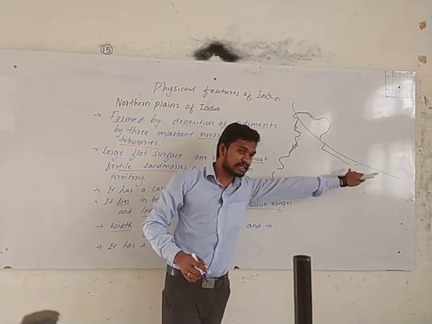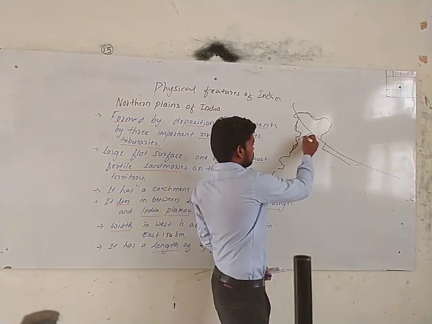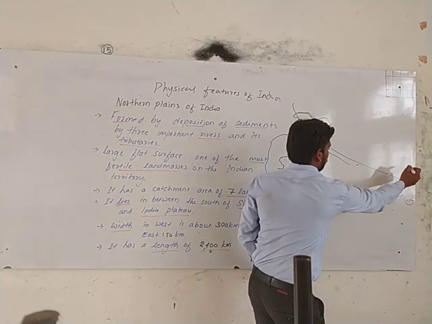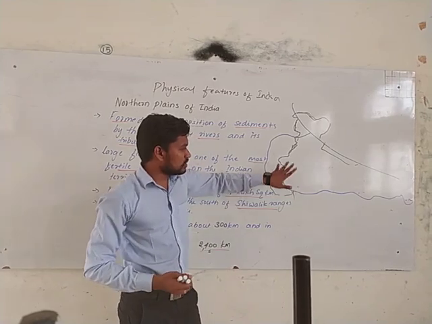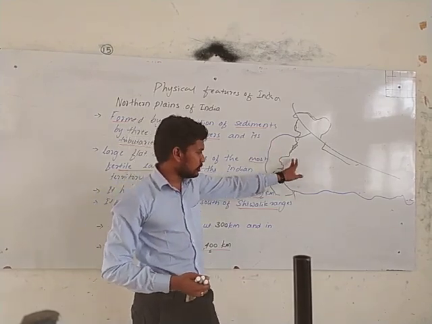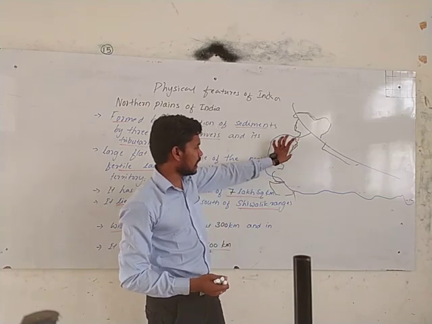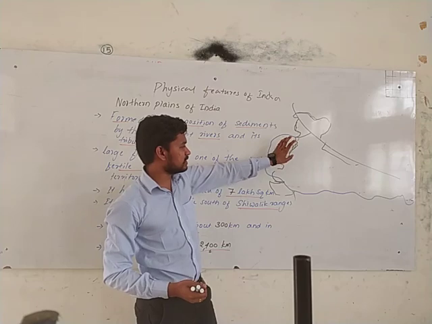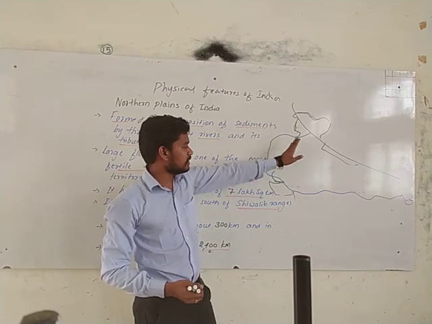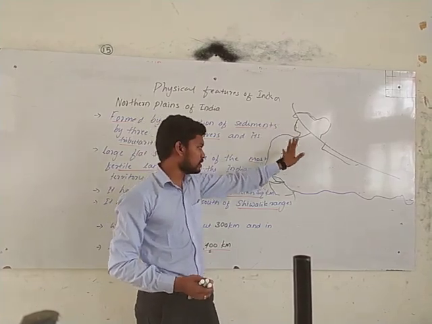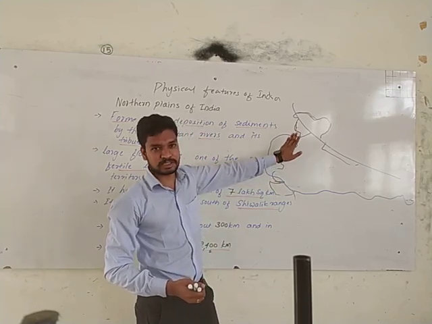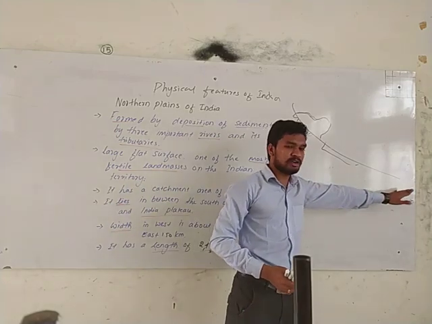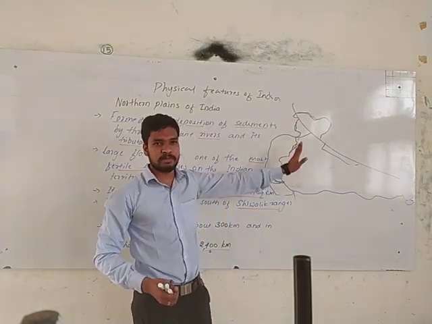Here we have the Shivalik ranges. From there the northern plain starts. The total length of this northern plain is about 3200 kilometers, but around 900 kilometers of it lies in Pakistan. From India we have 2400 kilometers of length, like the Himalayan mountain ranges.